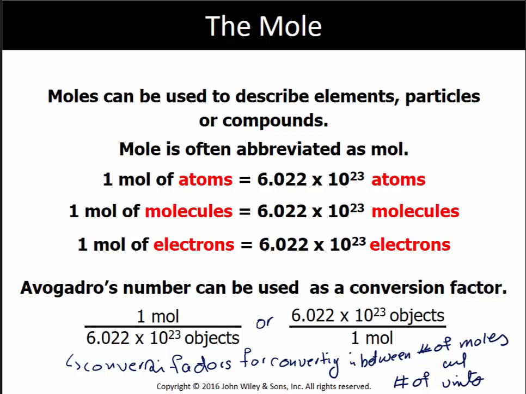Whenever you hear number of something, number of atoms, number of molecules, number of ions, that means Avogadro's number. So these two are the conversion factors that we will be using in order to convert in between number of moles and number of units.